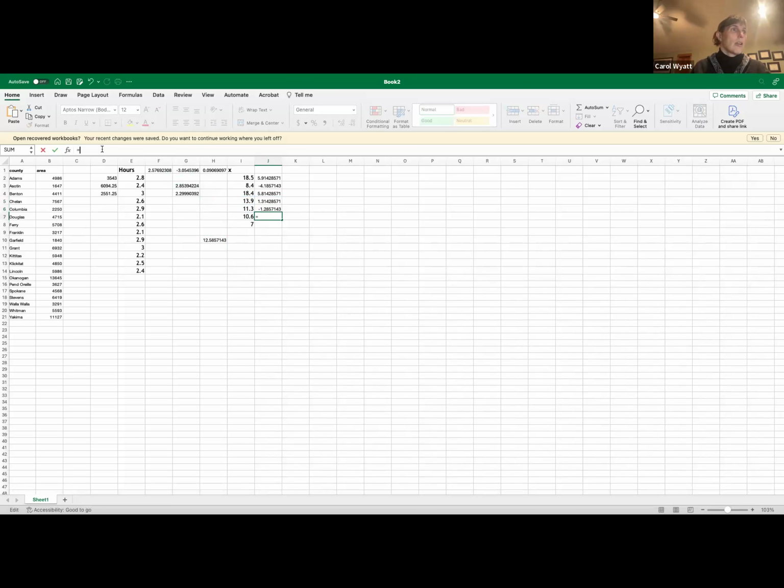This minus the average. And then this minus the average. Right. And so this gives us the distance away from the mean for each data point.